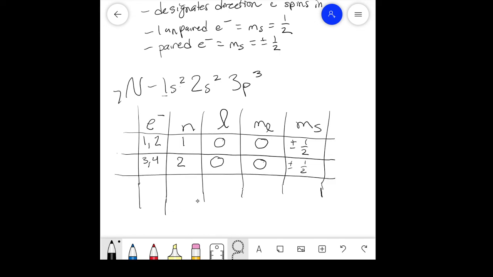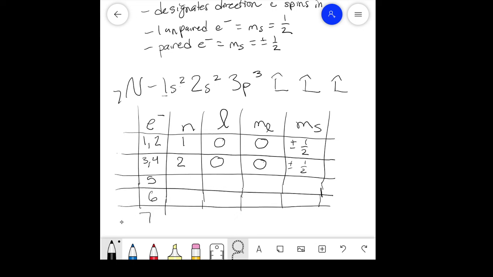And then for our P level, remember, due to Hund's rule, the electrons don't pair up automatically because that takes more energy. They're going to spread out. In this P, we have 3 electrons, and if you do the orbital filling diagram, they would be spread out. So electron 5 is going to be its own, then electron 6, and electron 7. Those are going to be the final ones.